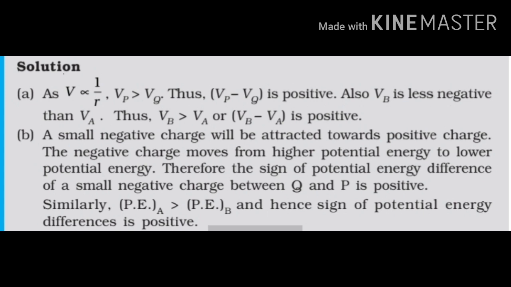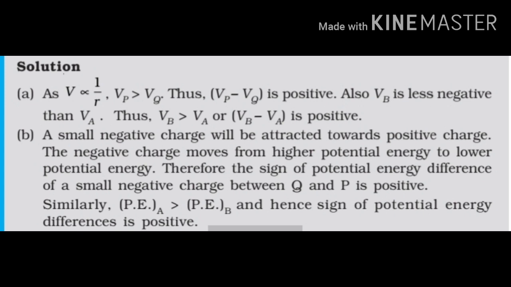When moving from the center point outward, at the center point you get more energy or more potential, and at the second point, that is Q, you get less potential. So to find the potential difference, we subtract Q from P, P minus Q. So you will get the positive sign for the first one.